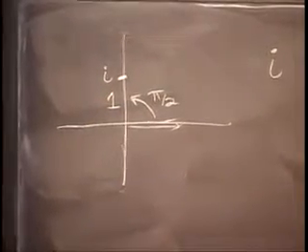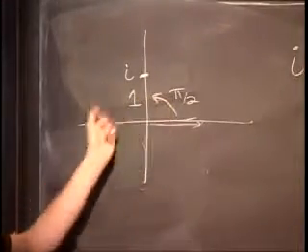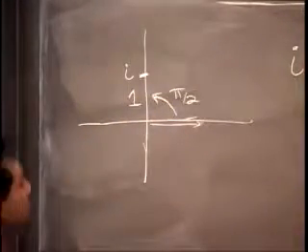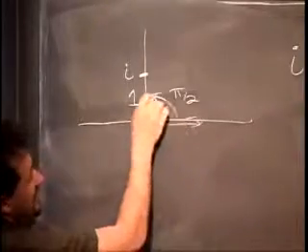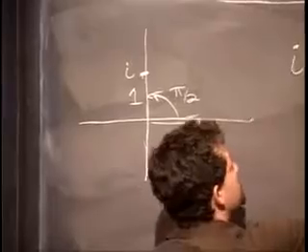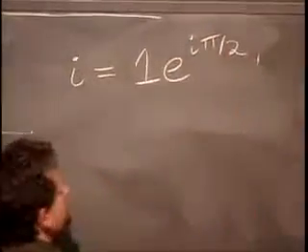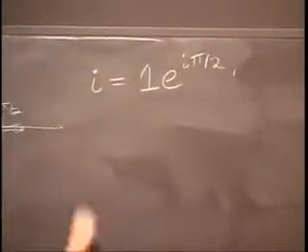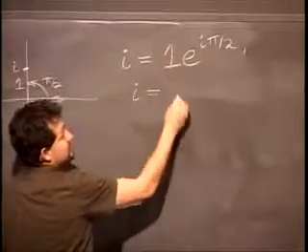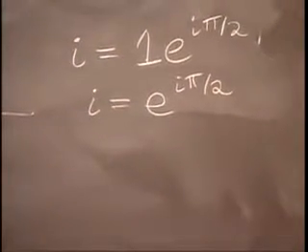Of course, I could turn instead minus 3 pi over 2, or I could turn an extra 2 pi. I've already talked about this. If I do the simple thing, I get pi over 2, and I get 1. And so i is just 1 e to the i pi over 2. Or in other words, you can leave out the 1 since it's a product. i is itself e to the i pi over 2.